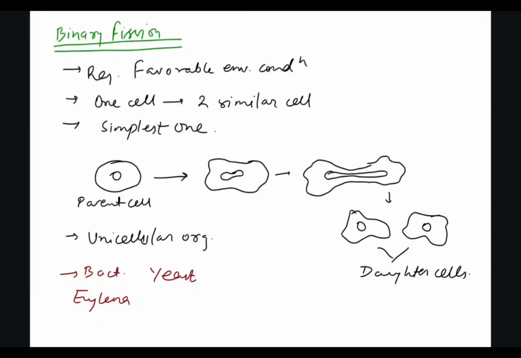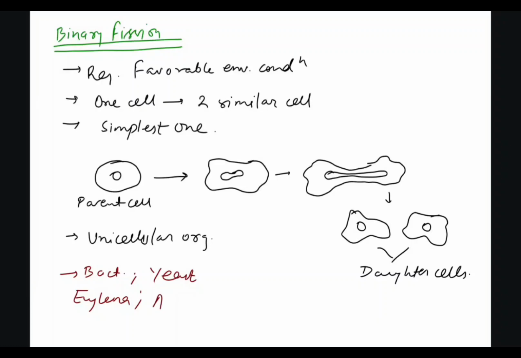If I ask you what is binary fission, and you say, as the name suggests, there is one cell and it divides into two daughter cells, that's it, right? But it indicates that you must have learned it or mugged it up. But an example is what distinguishes you from others. It tells that you have actually looked into things. So you must keep examples in your head all the time.